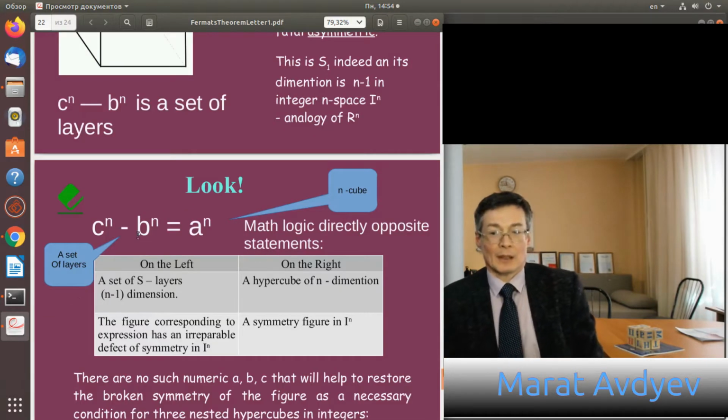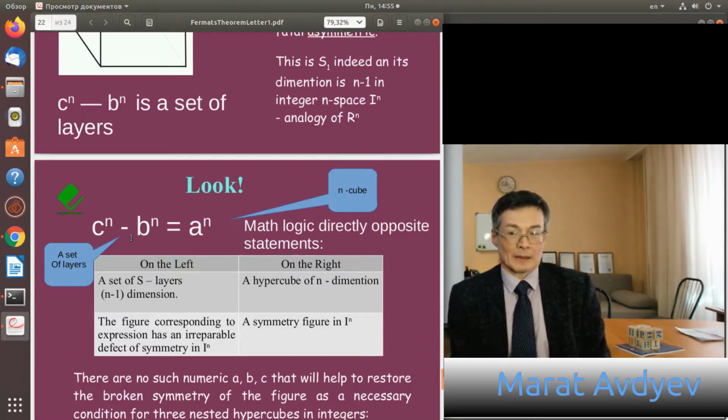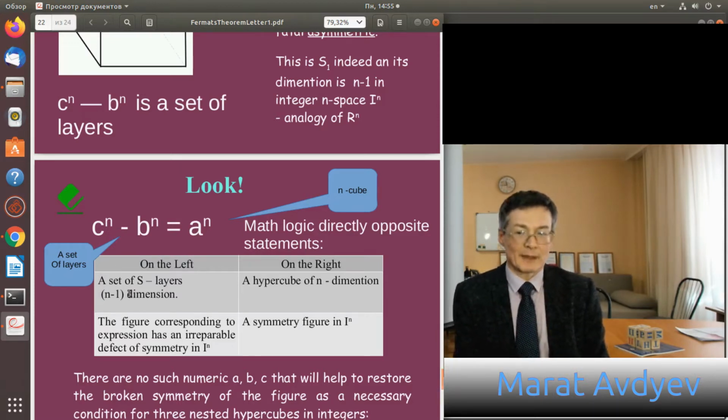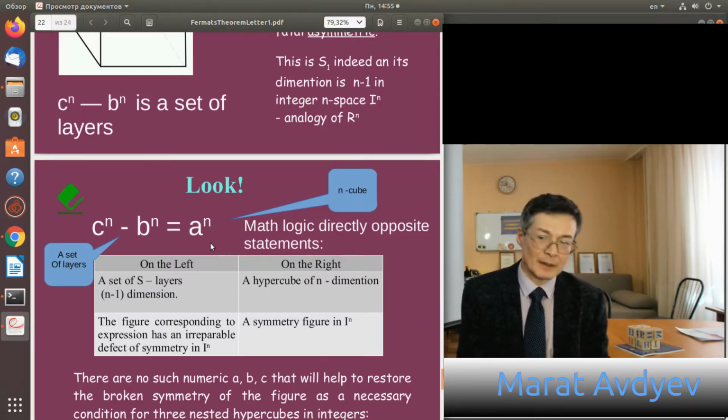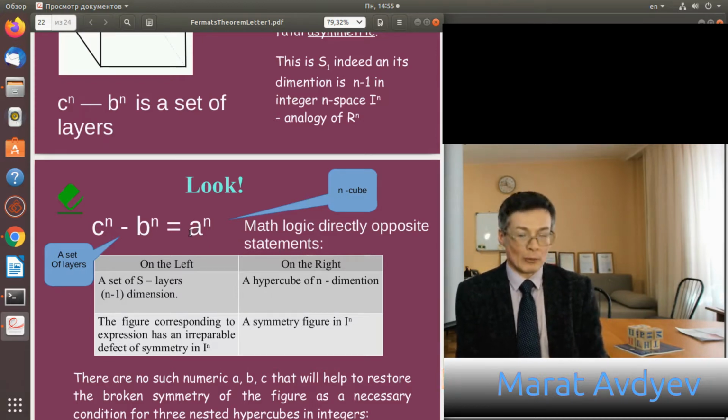Look, on the left one can see the set of layers with dimension n minus 1. The figure corresponding to this formula has a fatal defect of symmetry. On the right, one can see the cube, power n, a power n. That means the figure is a cube in n-dimensional space.